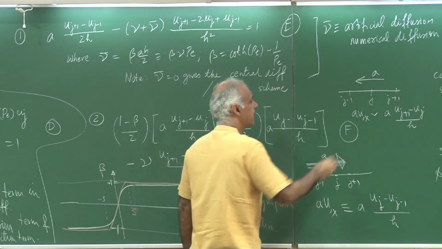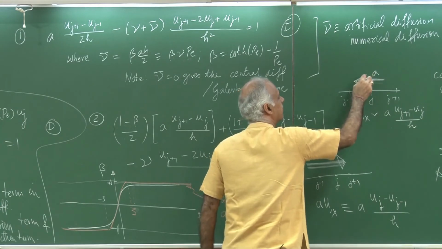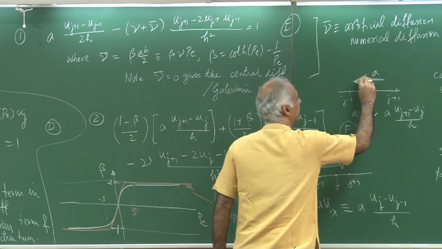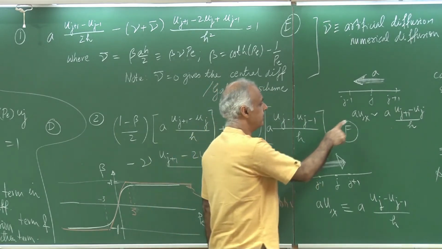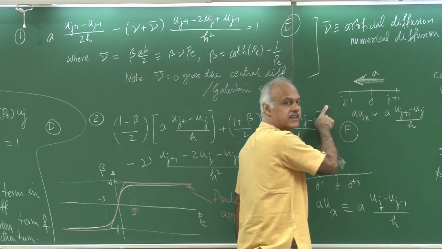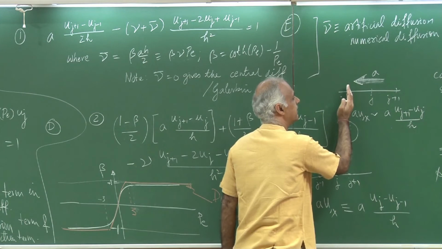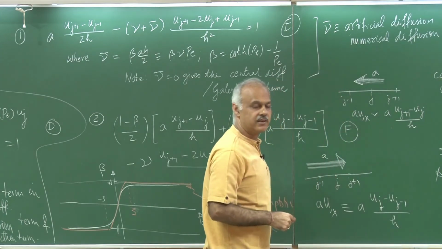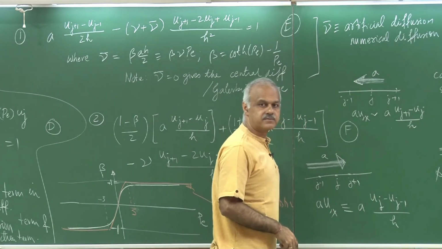Okay. Now, here the information is propagating from right to left. Again, I must compute my derivative using information from the upstream direction, not the downstream. Now the downstream nodes of j are j minus 1, j minus 2 and so on. The upstream ones are j plus 1, j plus 2 and so on.